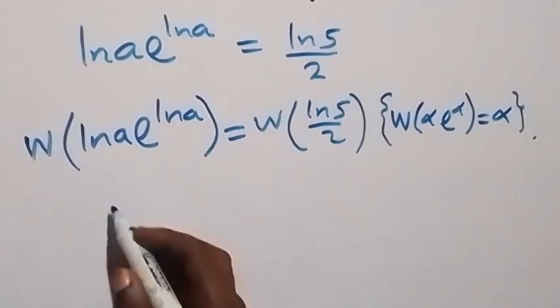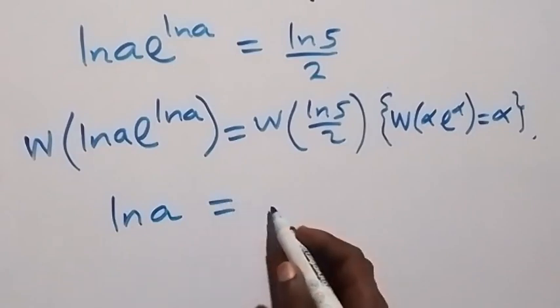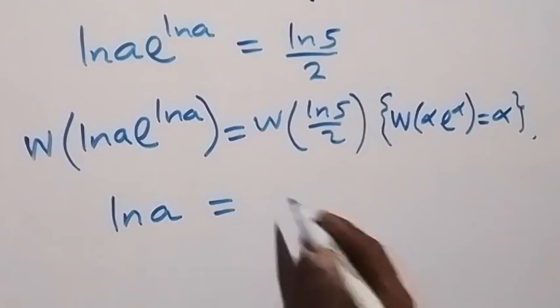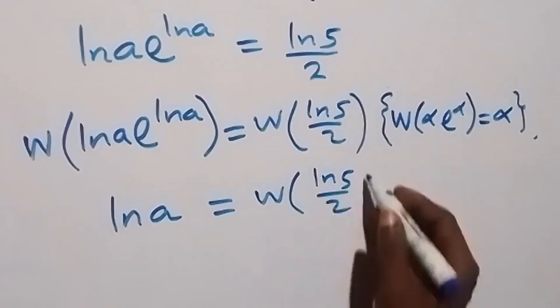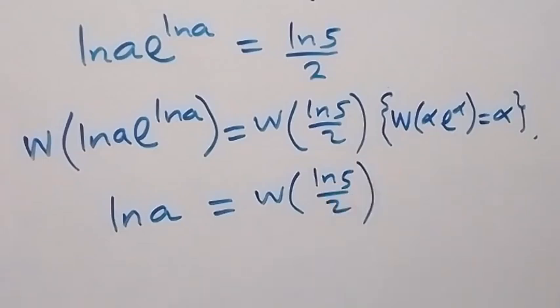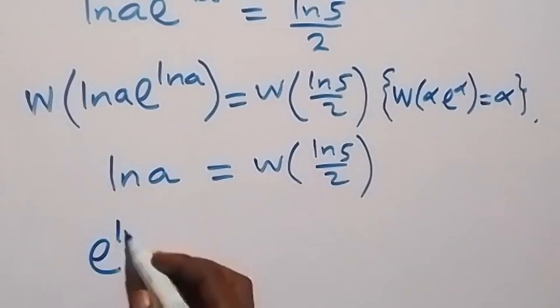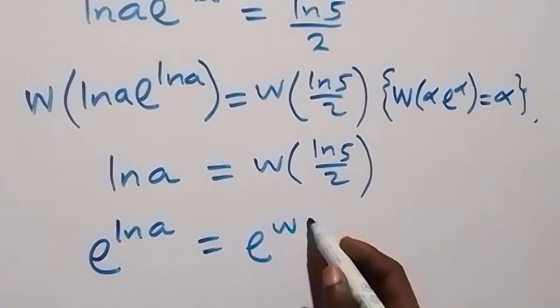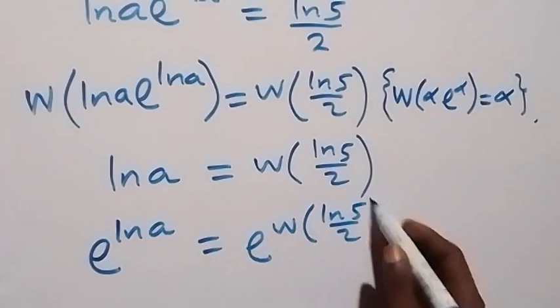Then what we have here will simply be ln a, which is equal to W of ln 5 over 2. And also here we can take the e on both sides, and here we have e raised to ln a equals e raised to W of ln 5 over 2.